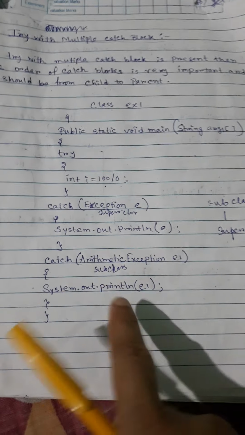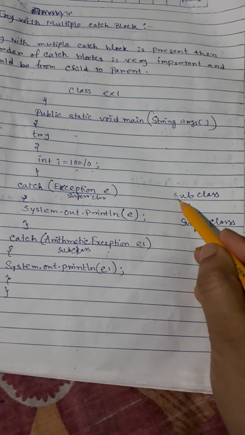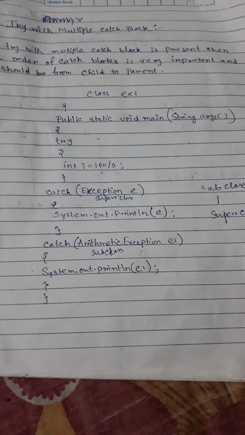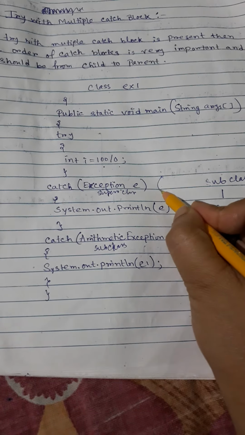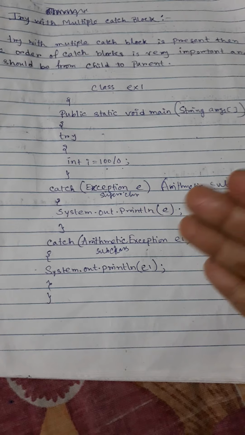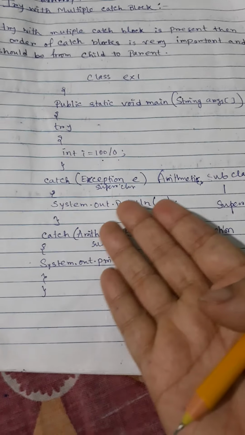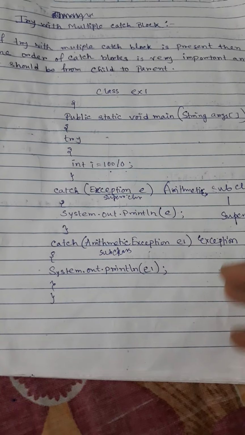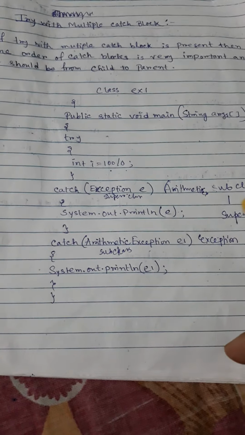So you have to maintain the order: first the subclass, then the superclass. That means you have to write ArithmeticException, then you have to write Exception. With this order, you can easily handle the exception and it will run properly.